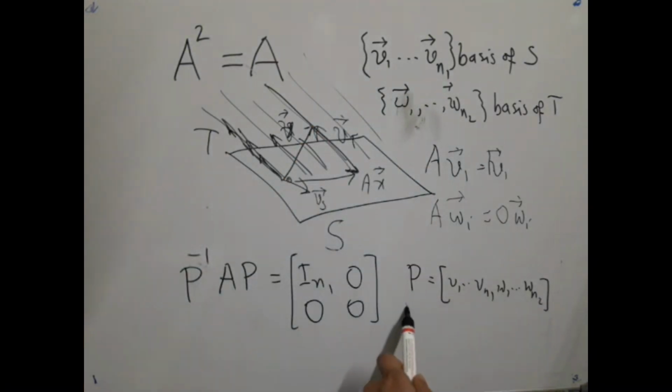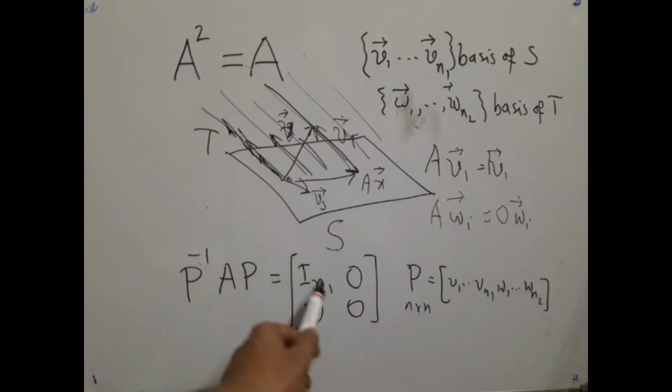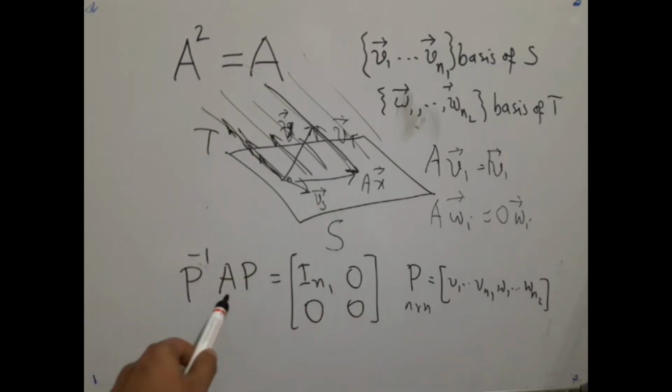So I have an n by n non-singular matrix. Then P inverse AP will be all the eigenvalues listed here. All the first n1 eigenvalues are 1, hence this identity, and these are all zeros, and anyway it's a diagonal matrix, so these are anyway zeros. So I can see that an idempotent matrix is not just semisimple, it is semisimple in a particularly simple way.